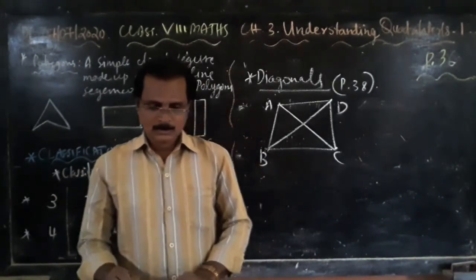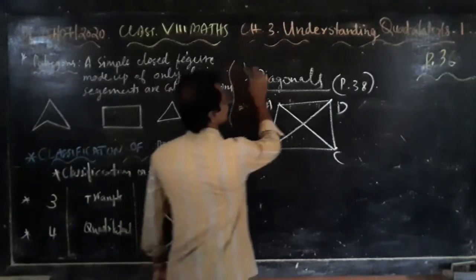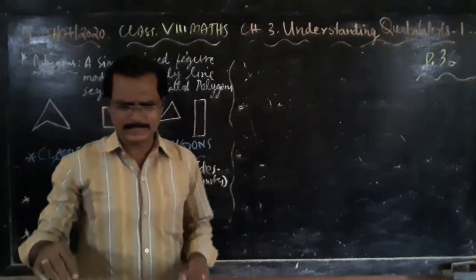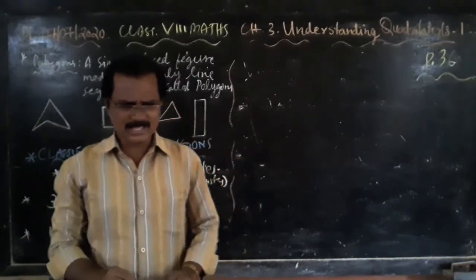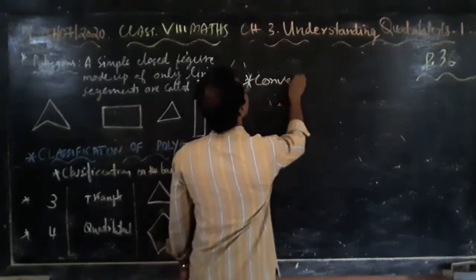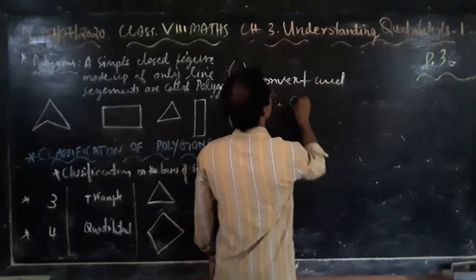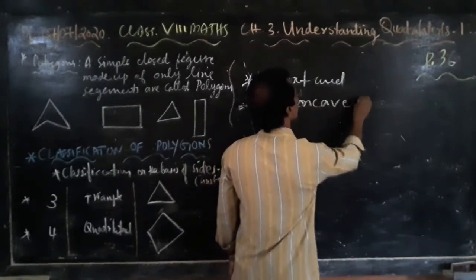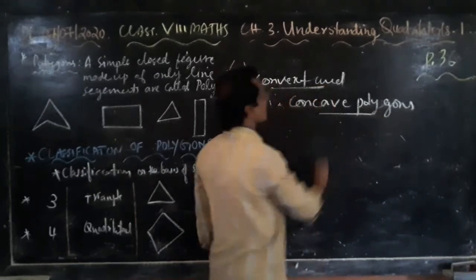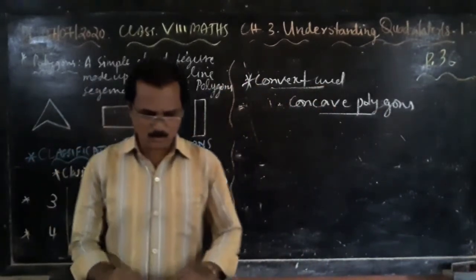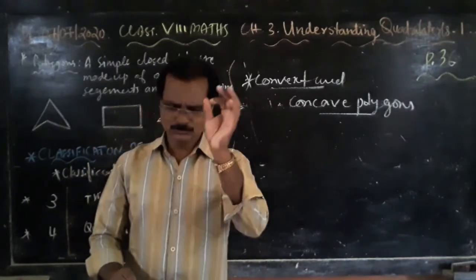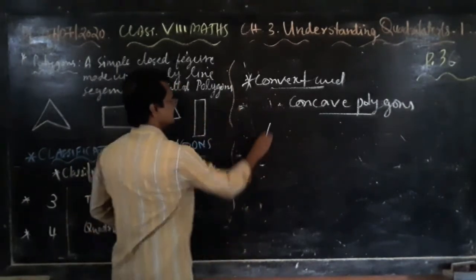Now, next point is page number 39, convex and concave polygons. What are convex and concave polygons? I will tell you a simple example. Now look here.